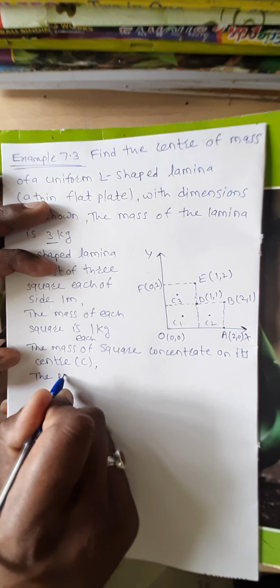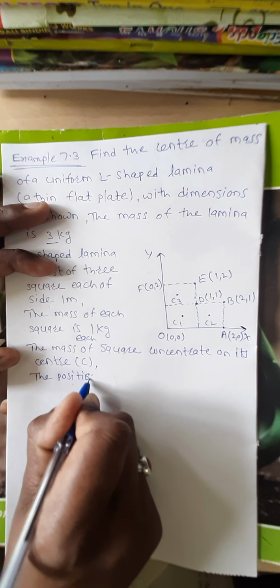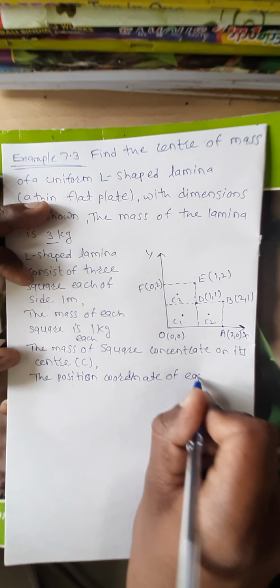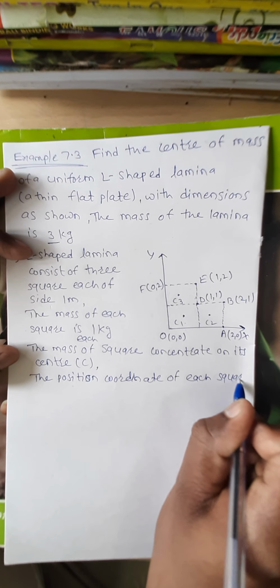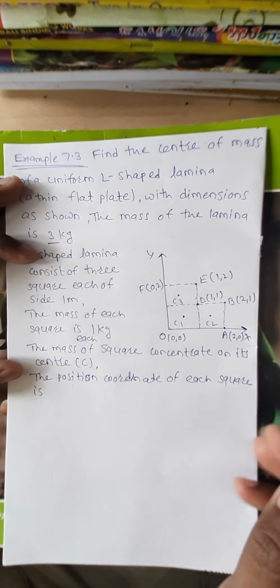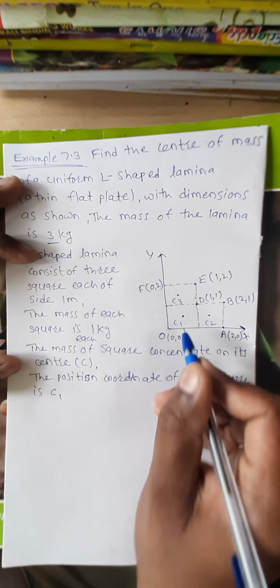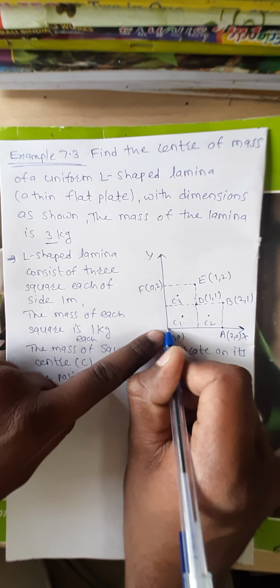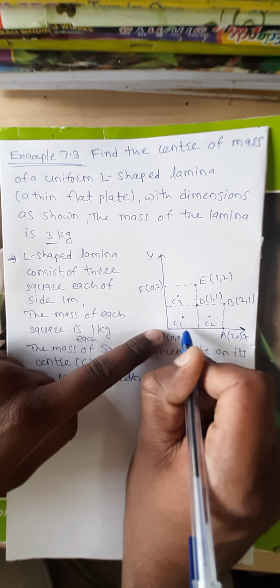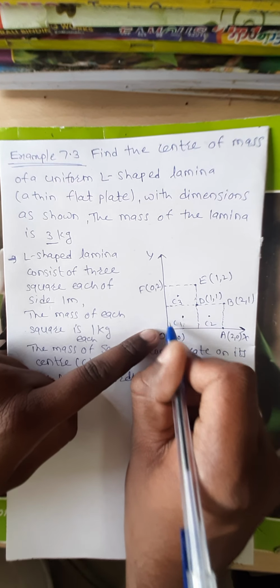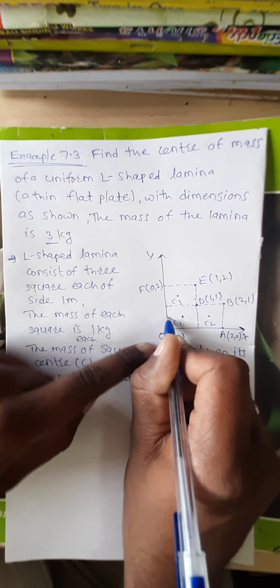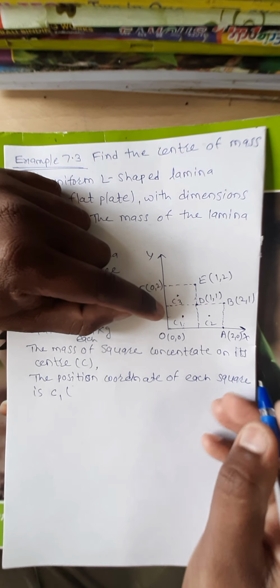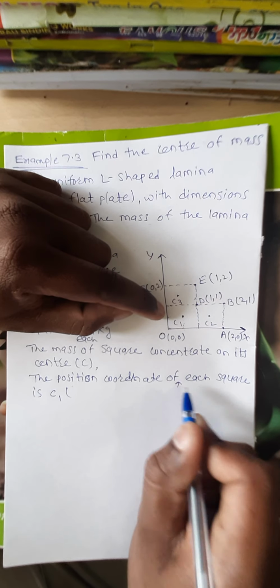Therefore, the position coordinate of each square is the position coordinate of its center of mass. For the first square, the position coordinate is point C1. From here to here is 1, so this is half, meaning 1 by 2. From 0 to 1, this is also 1 by 2.